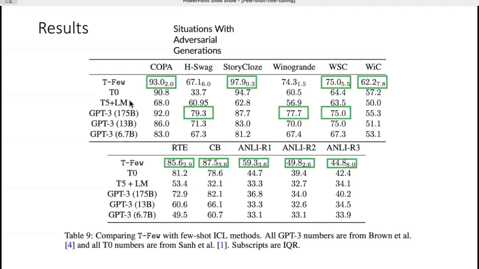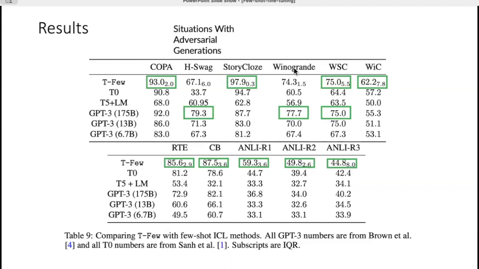If the performance is not equivalent or better, then there's no point discussing the computing cost. Basically, across all these benchmarks, they claim that with few-shot fine-tuning, they see large improvements in performance for a large majority of tasks.